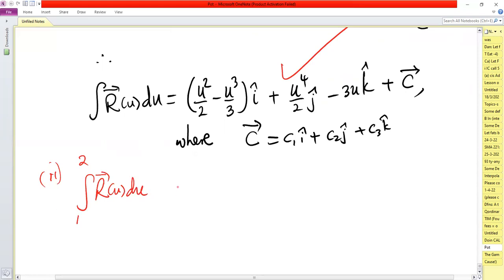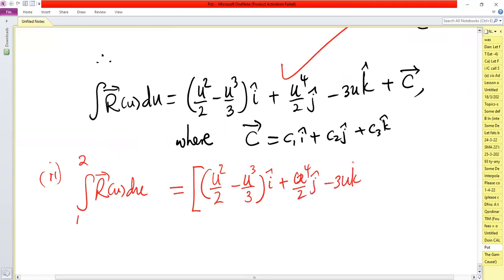Now, this will just be the same as, because we are dealing with the same vector function and we have the answer here, u squared over 2 minus u to the power 3 over 3 i plus u to the power 4 over 2 j minus 3u k plus C vector, from u equals 1 to u equals 2.